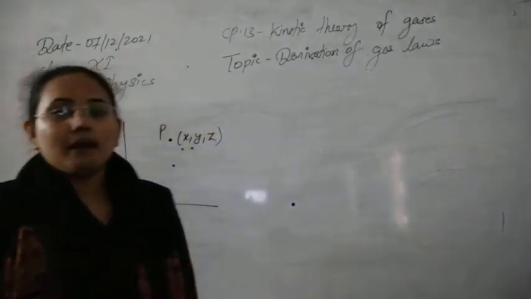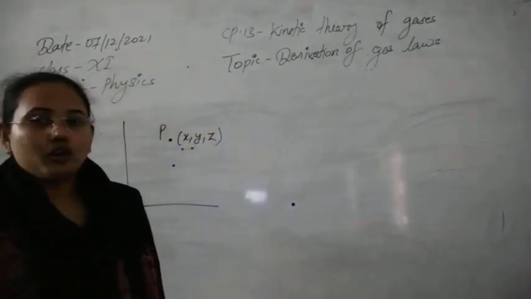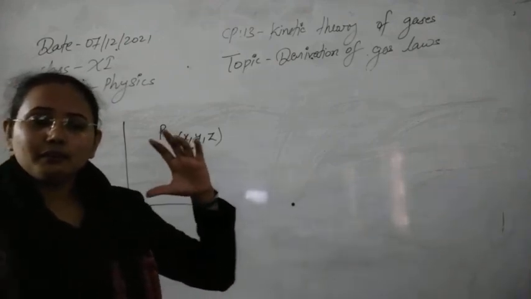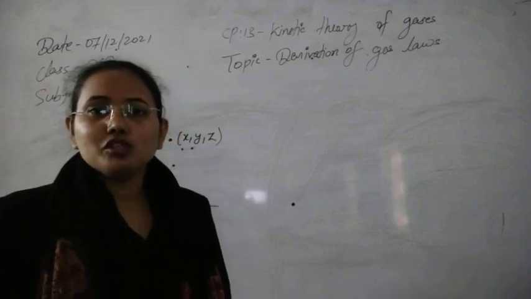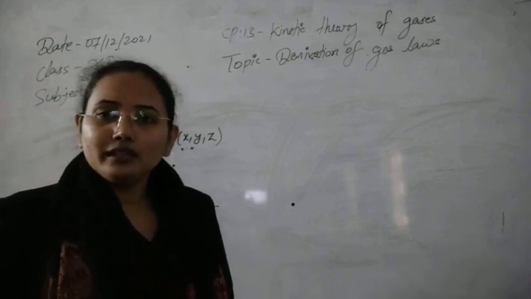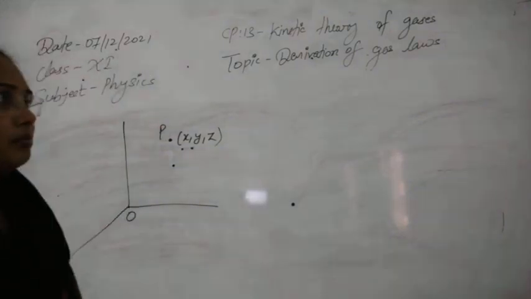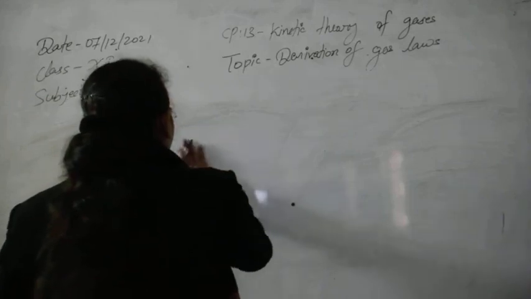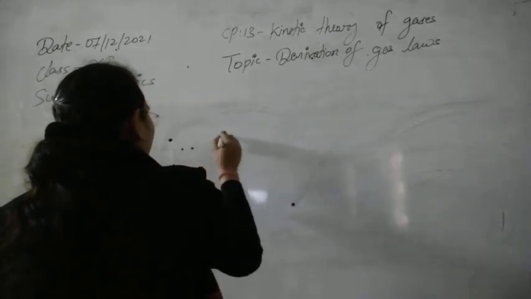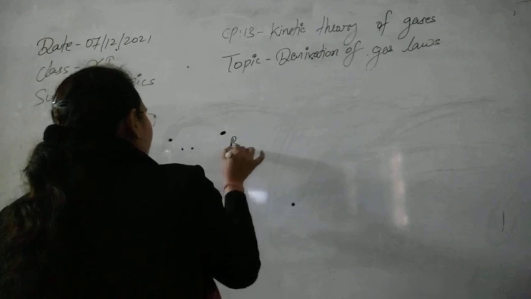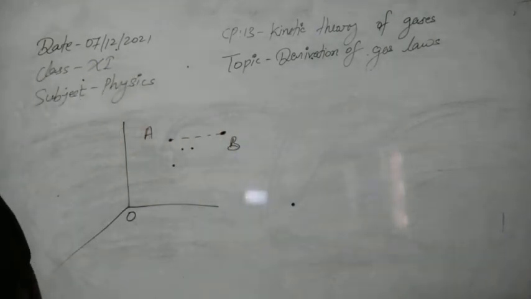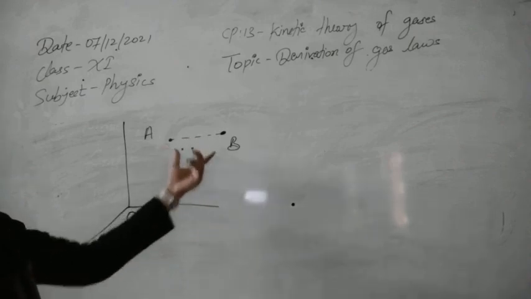Now suppose we have a monoatomic gas, in which only one atom is there. To specify its position and orientation, we need only 3 coordinates. So the degree of freedom of a monoatomic gas is 3. Now if we come to the diatomic gas, suppose we have 2 atoms in space, and these 2 atoms are joined, bonded together, because diatomic molecules obviously are bonded together.